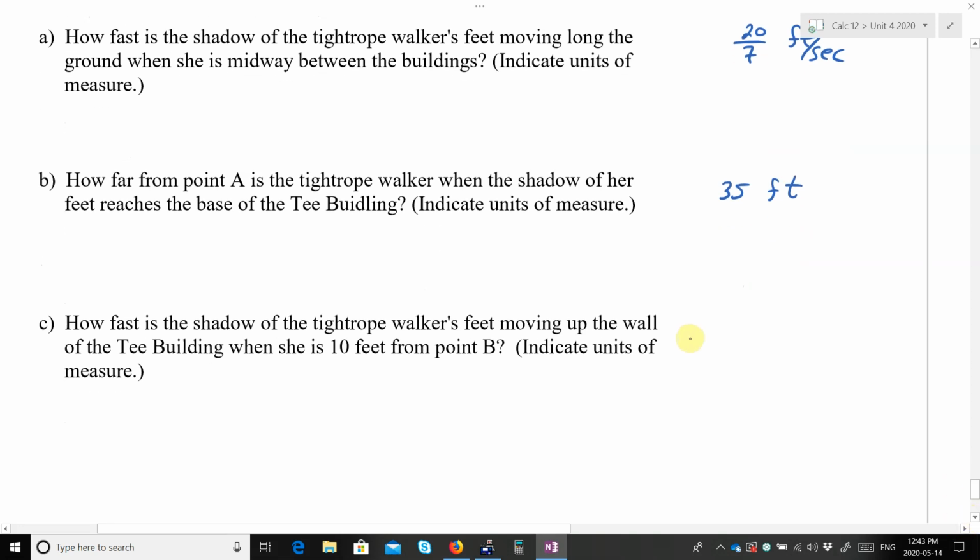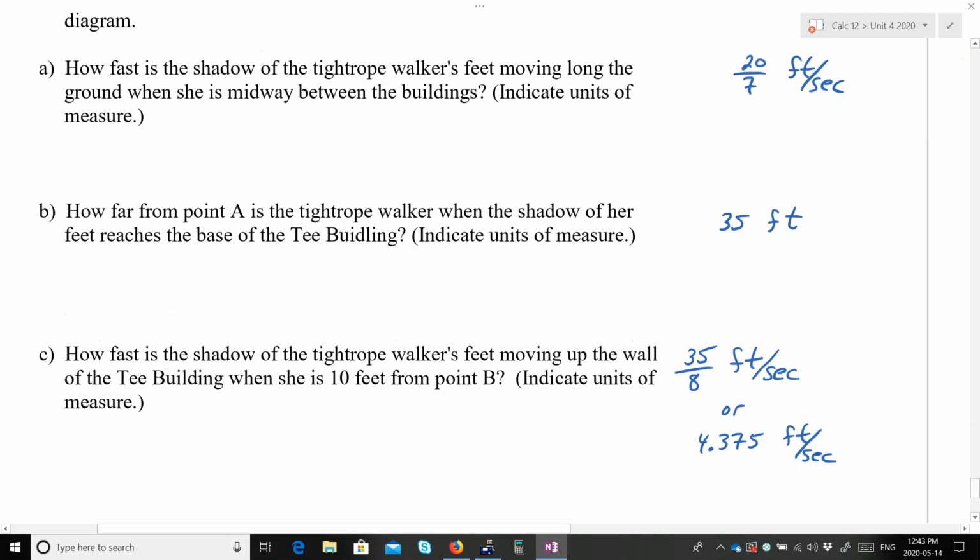And this one here ends up being 35 over 8 feet per second, or if you want to write it as a decimal, 4.375 feet per second. So I'll just give you the answers to those for now, see if you can get them. If you want me to do a video showing how to do this question, please just let me know.